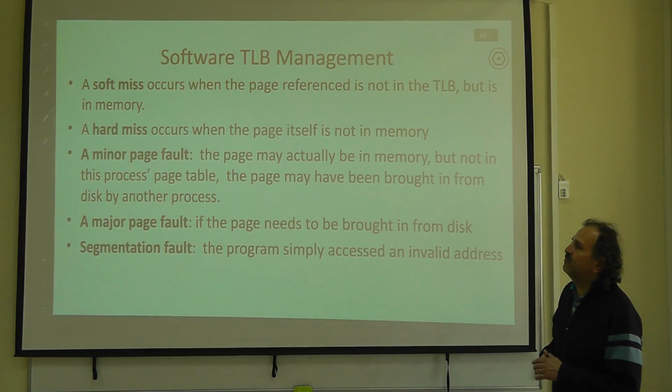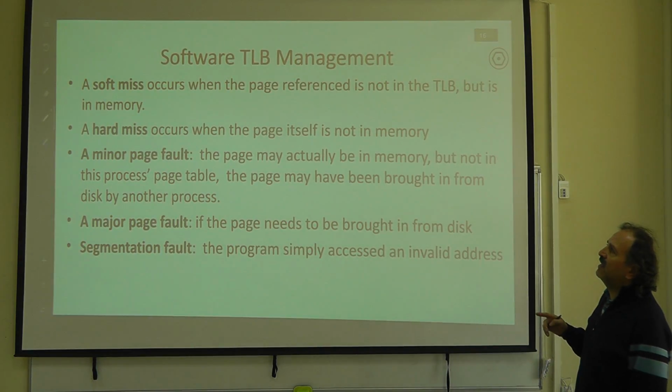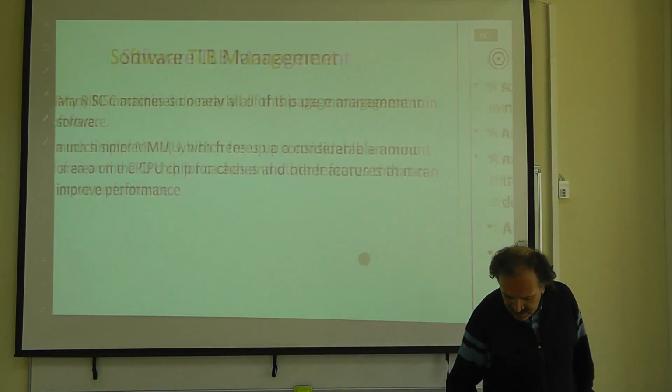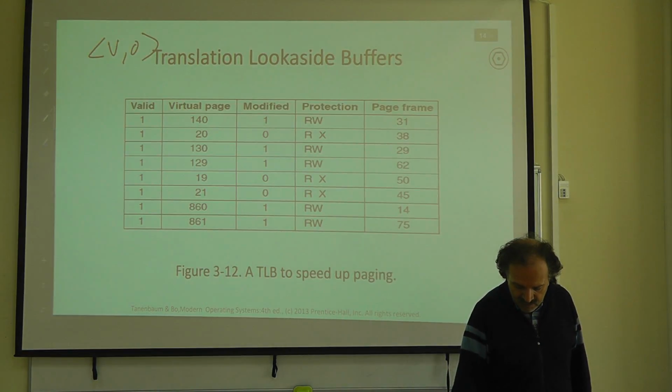So there are two types of misses. A soft miss occurs when the page reference is not in the TLB but is in memory. Okay, you understand this, right? I need to get a virtual page number. Let's say it is not inside this table.